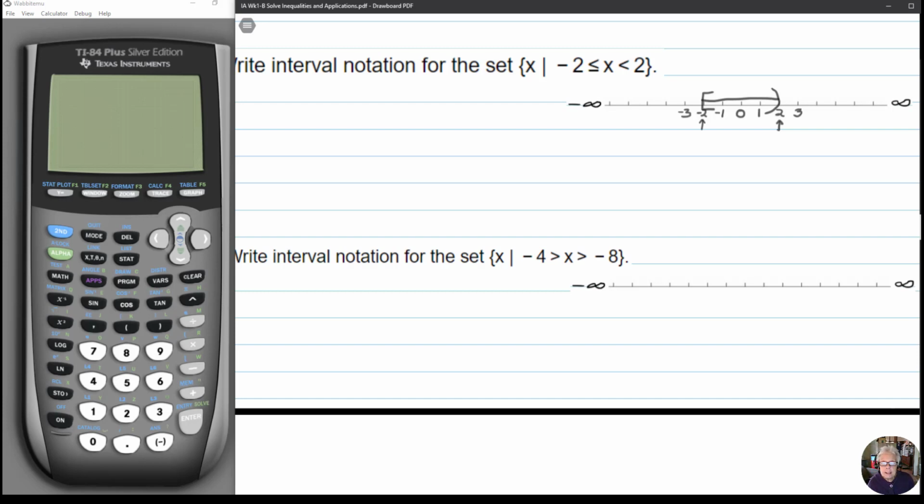So our interval, that means exactly the same thing as this set, will have a bracket on the left, a parenthesis on the right. The left end point is -2. The right end point is +2. And we put a comma in between.